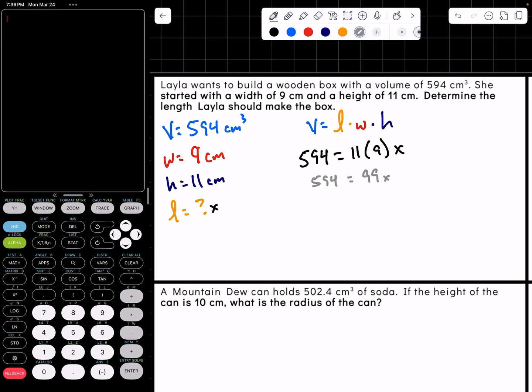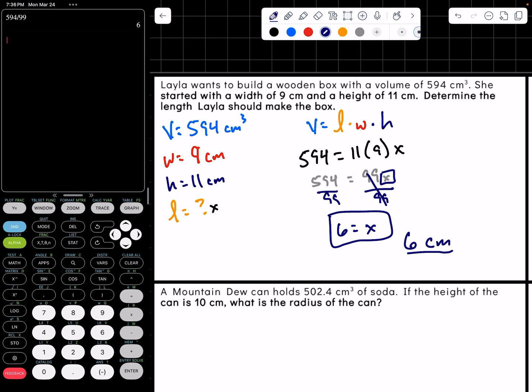And then I'm solving for x. I want to get x by itself, so I need to divide both sides by 99. 594 divided by 99 gives me 6. So the answer is 6 centimeters.